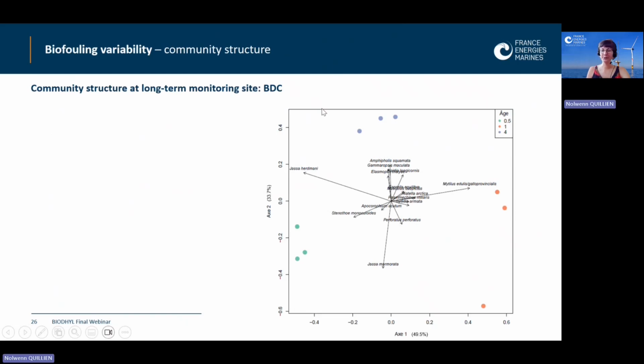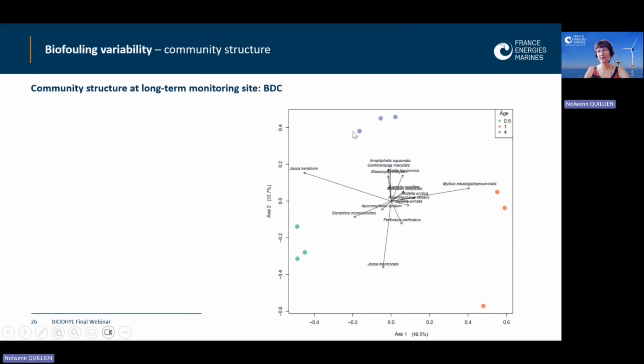Then regarding the community structures of the biofouling observed at one site, we have other observations at the other sites, but I wanted to present you these figures today. You can see here a multivariate analysis, a PCA, which shows the different samples collected at the Basse des Chats.